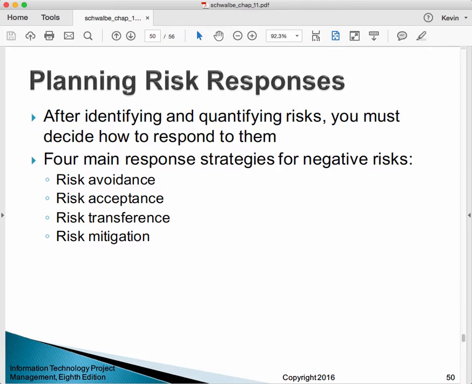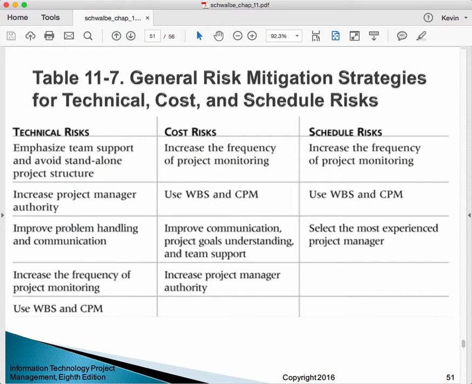We want to make sure that it comes in more on the $100,000 side than on the $1 million side. So here are general risk mitigation strategies for technical, cost and schedule risks. Okay, so I'm going to leave those for you to read on your own. That's from the book, Table 11.7.